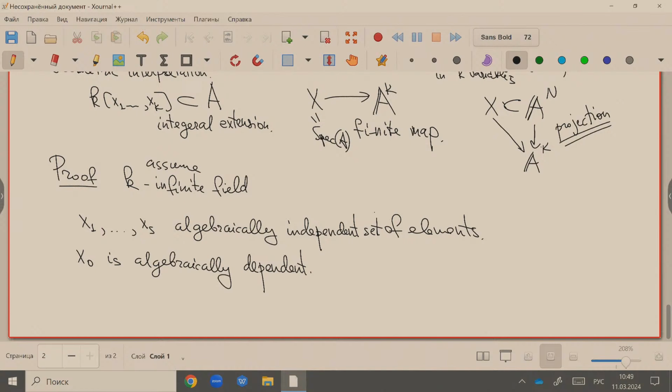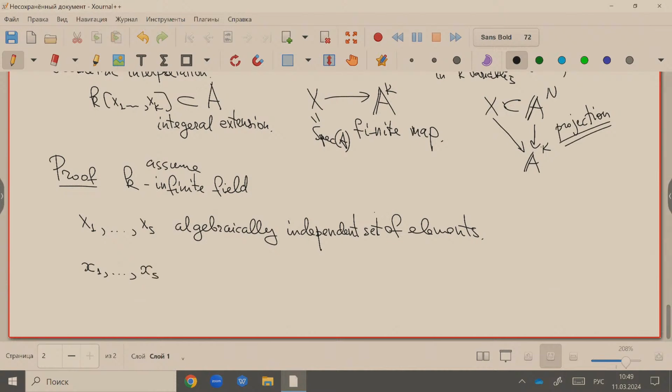So we take this algebraically independent system, and then we start adding the other elements of the system, with some kind of procedure.